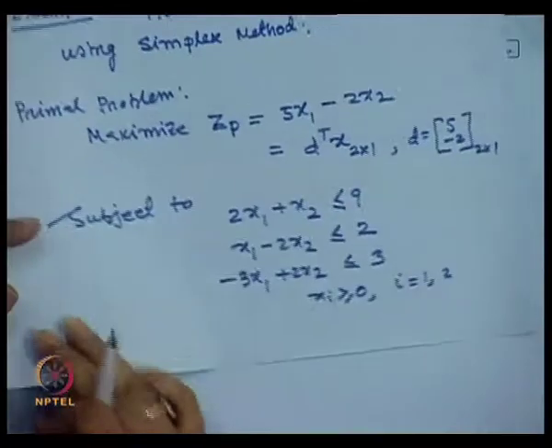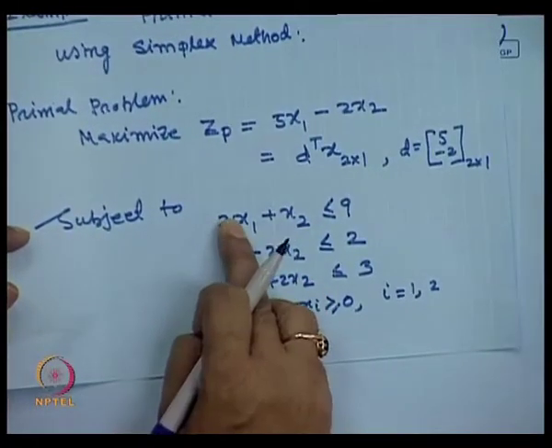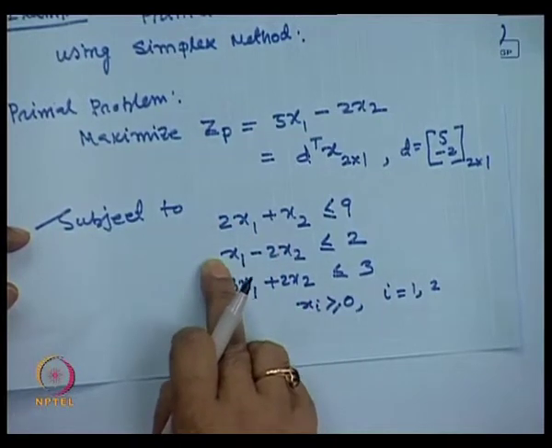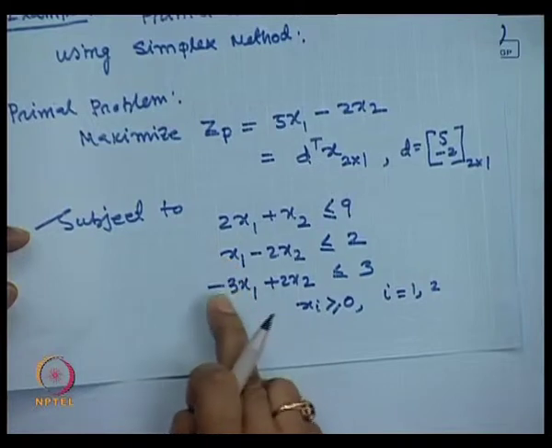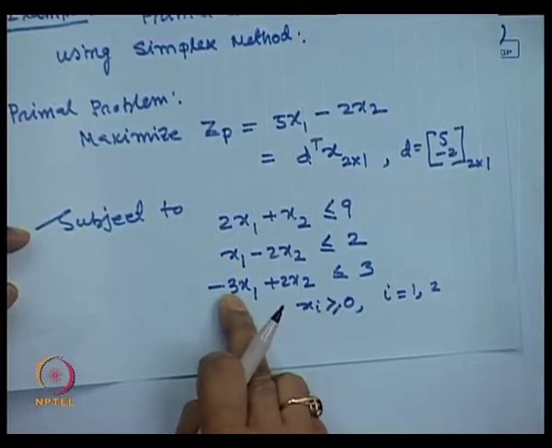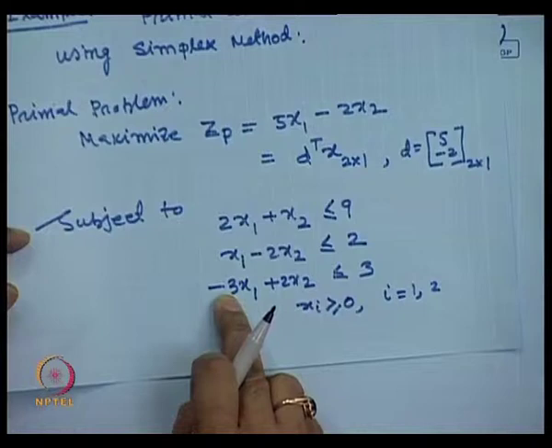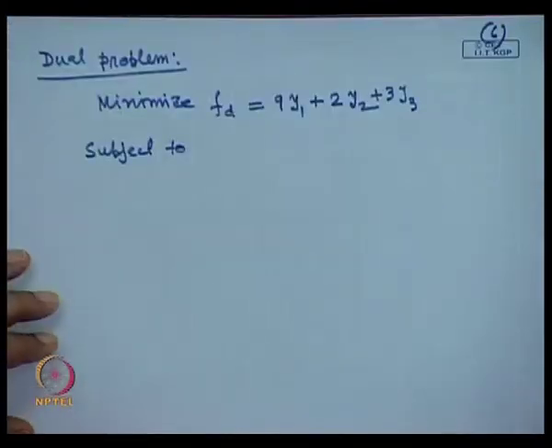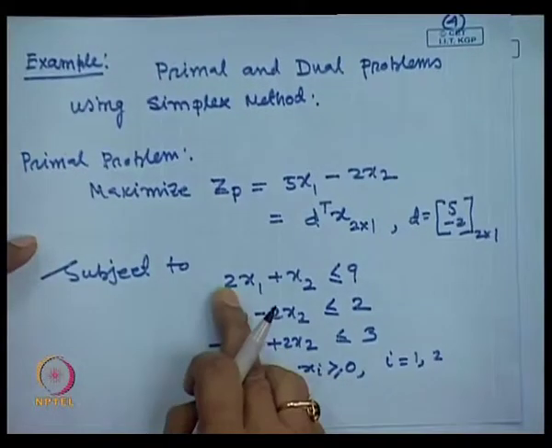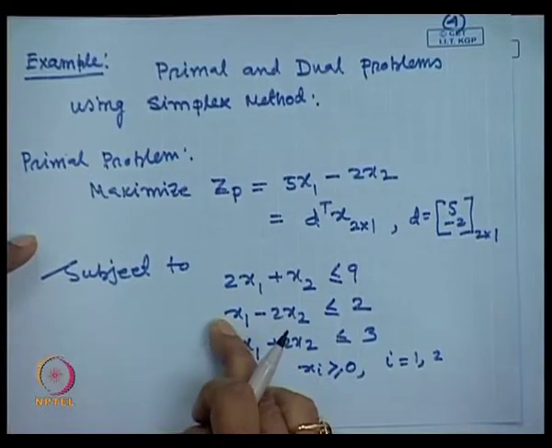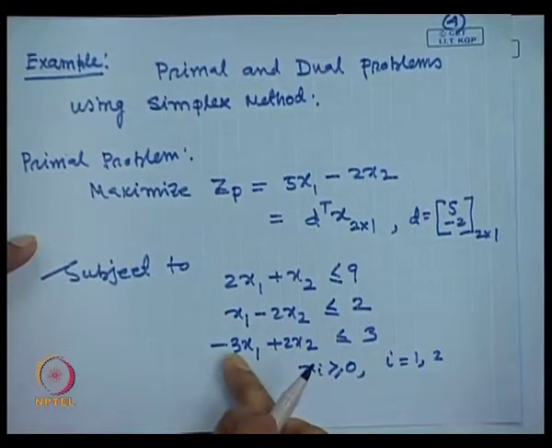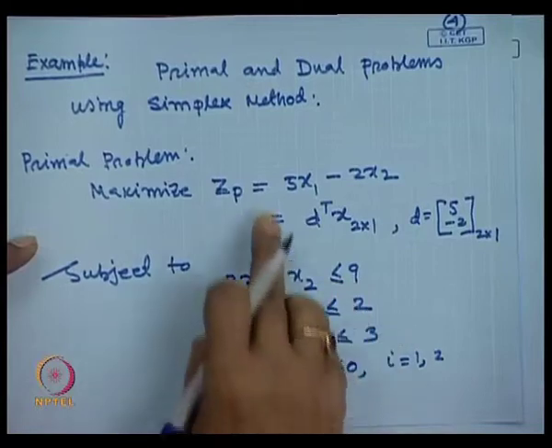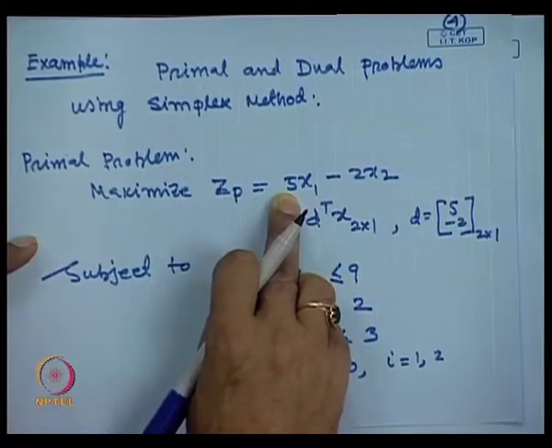Now, see this one, 2 into y1, this coefficient is 1, plus y2, then minus 3 into y3. So, I will write the first equation: 2 y1 plus y2 minus 3 y3 is greater than or equal to 5.